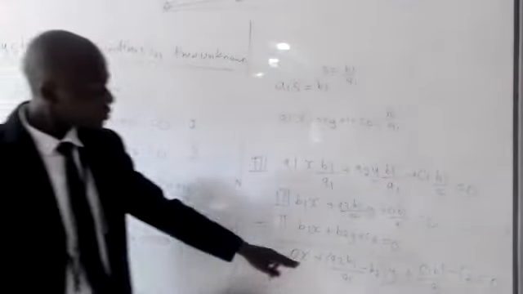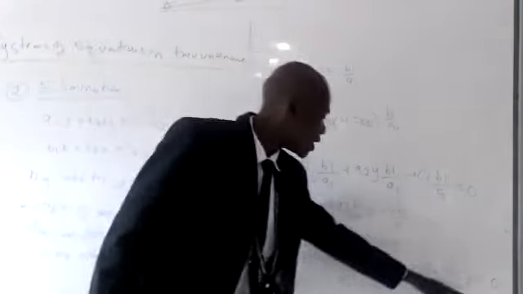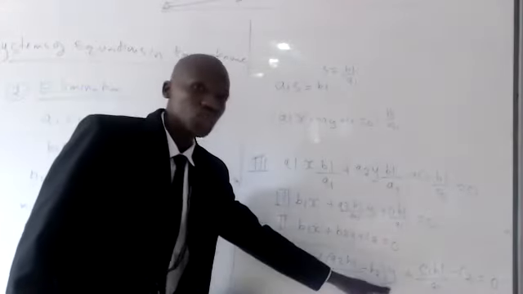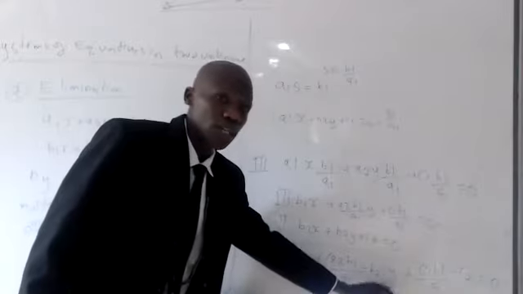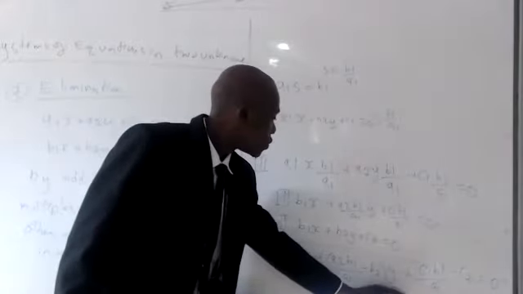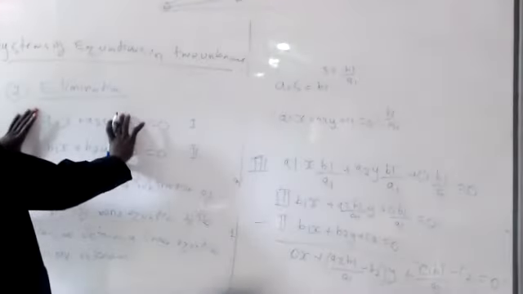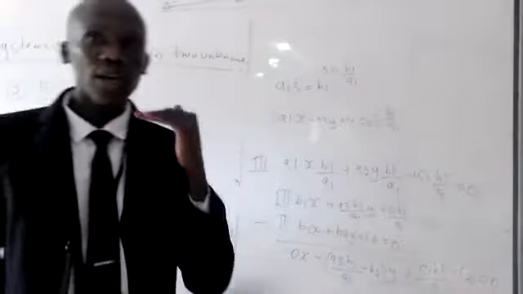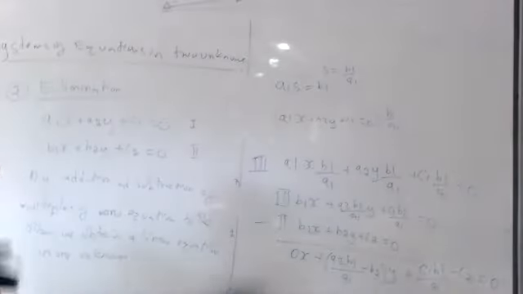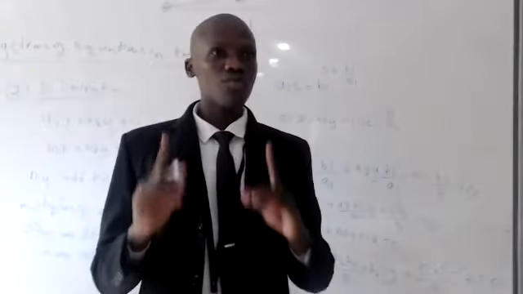So realize that there is no x in the equation. Now you simply have a linear equation in y, which you can solve for y very easily. After solving this linear equation in y, substitute the value of y which you obtain in any of these two equations. And then you will find the value of x. So let me repeat again. Both elimination and substitution have one goal.